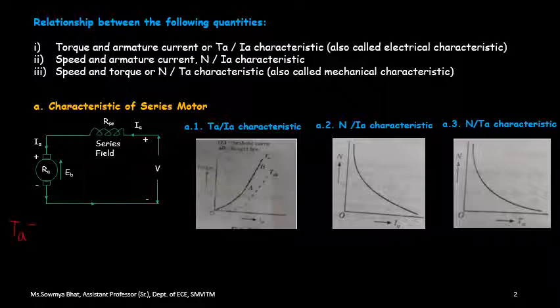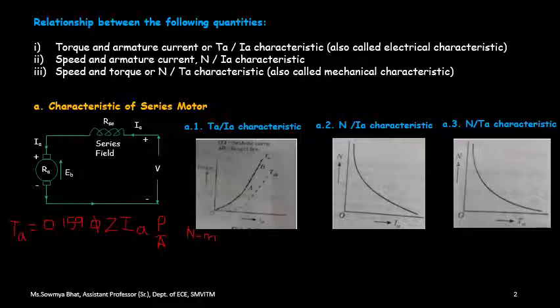Armature torque can be written as TA equals 0.159 into phi into Z into IA, multiplied by P divided by A. Its unit is Newton meter. If I want to convert this into kg meters, I divide this by 9.81.